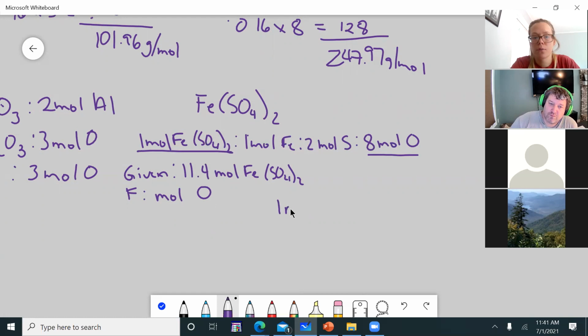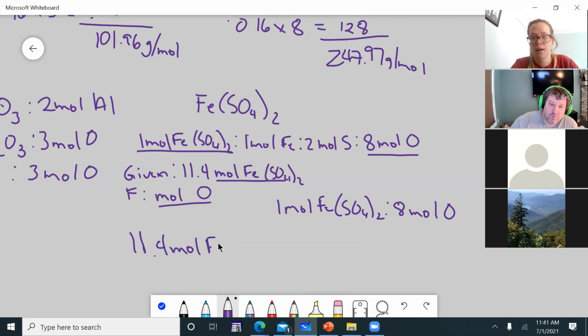So we know that for every 1 mole of FeSO4, 2, I'll get 8 moles of oxygen. Here's moles of compound, here's moles of oxygen. Let's do a conversion factor. 11.4 moles of the FeSO4, 2. We'll put the 8 moles of oxygen on top because I want to go towards oxygen.